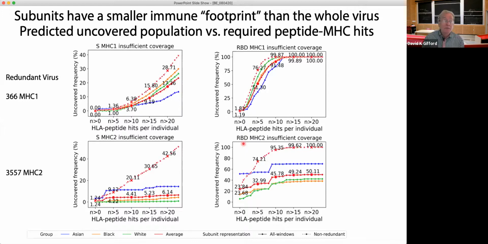So how can we fix this? How can we improve the immune footprint of a vaccine to improve the presentation of pathogen peptides on MHC class 1 and class 2 molecules?